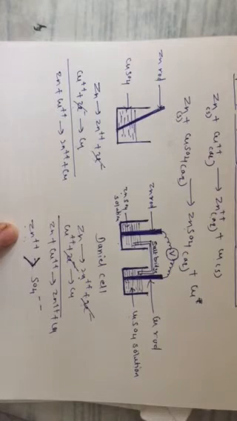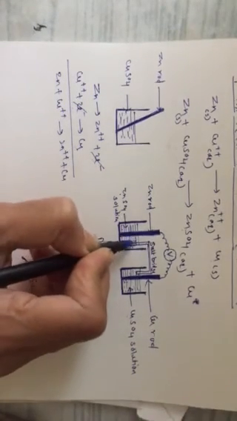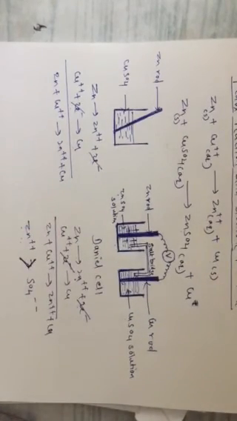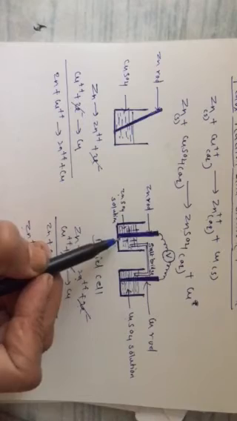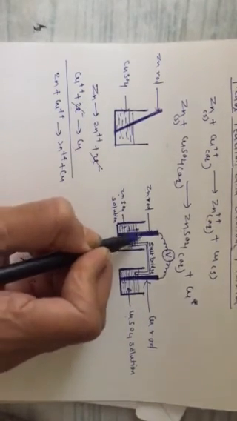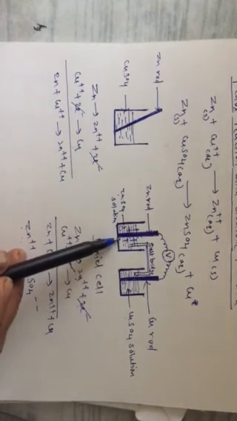So positive charge in the solution will increase and therefore the solution will develop positive charge. On the rod, zinc is giving electrons, no? So on the rod we will have negative charge. So positive negative charge separation is there, and therefore potential is developed in this half cell.